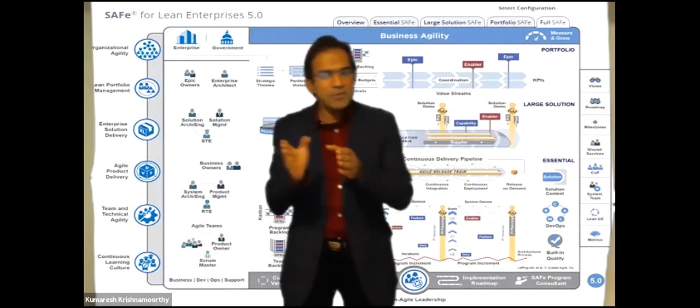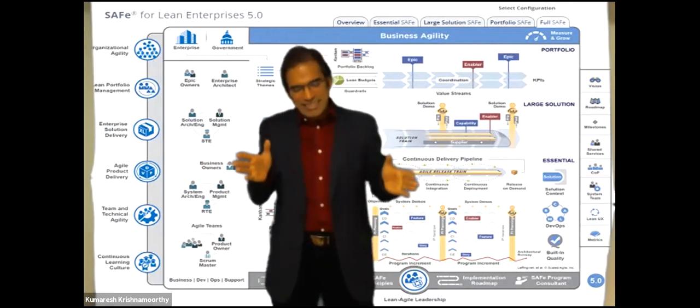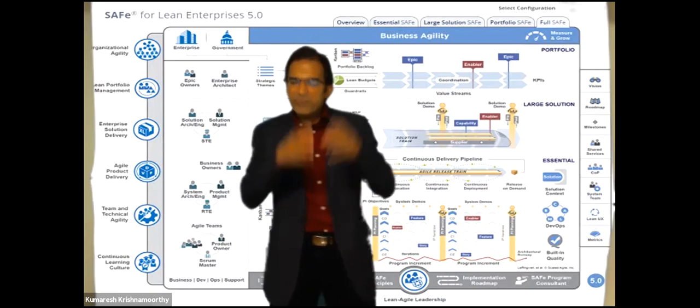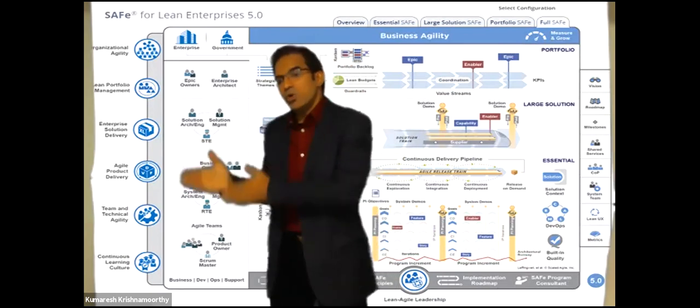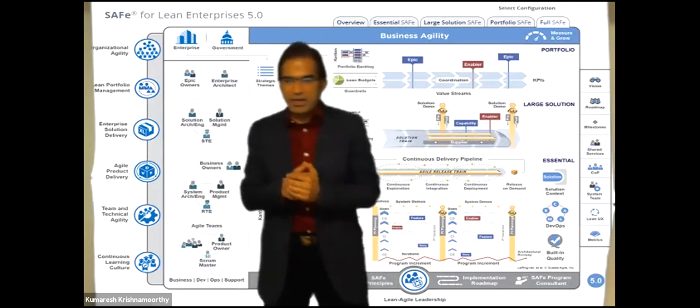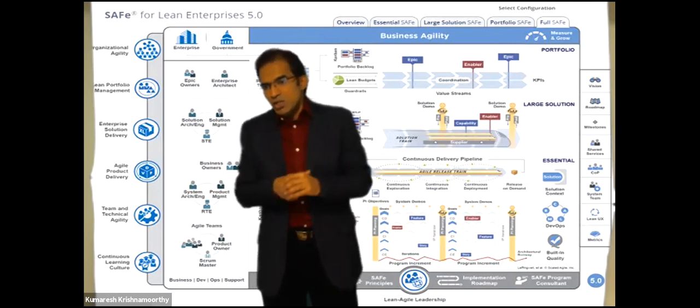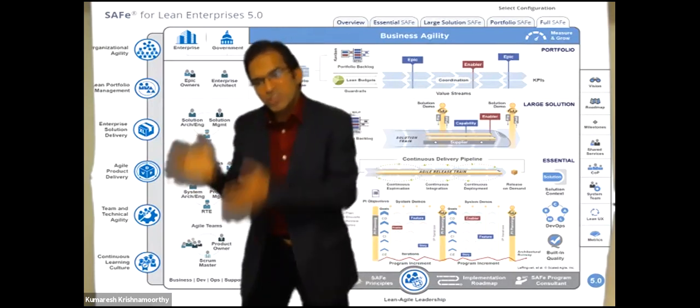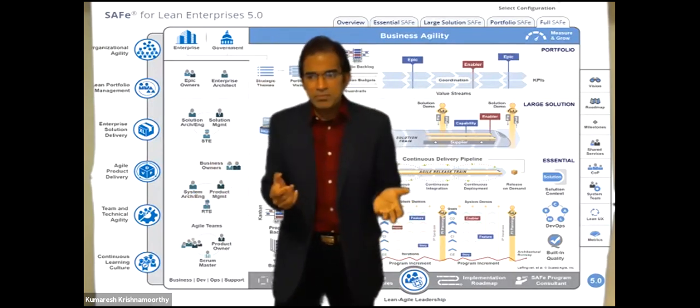A lot of times what happens, what I've seen, is that during PI planning the features are broken into stories. Of course, that's going to take a lot of time. If you want to break out the features into stories during PI planning, it's going to take a lot of time, right?